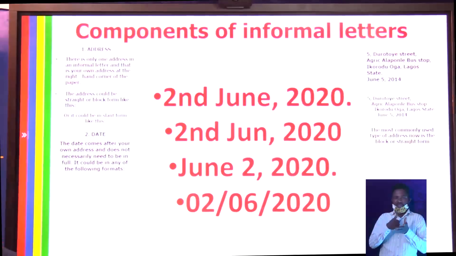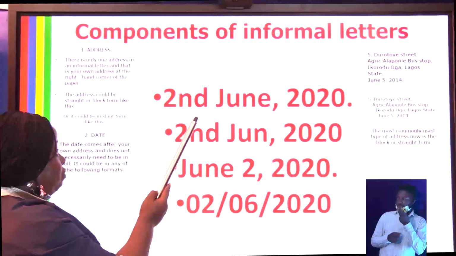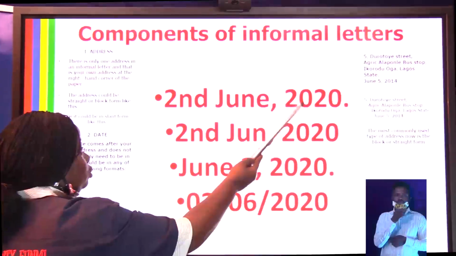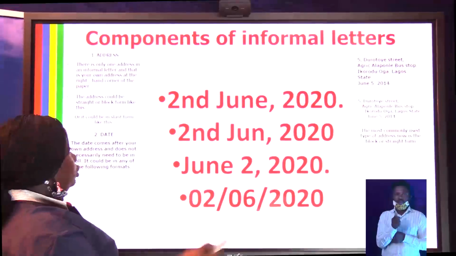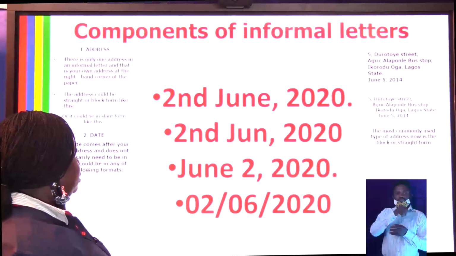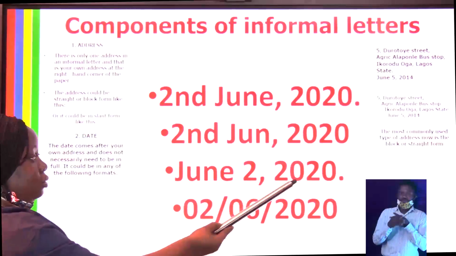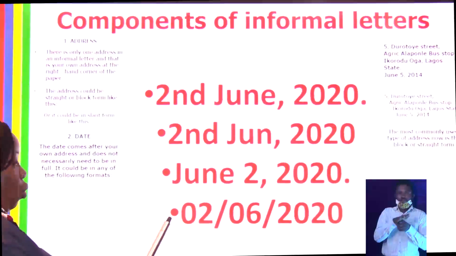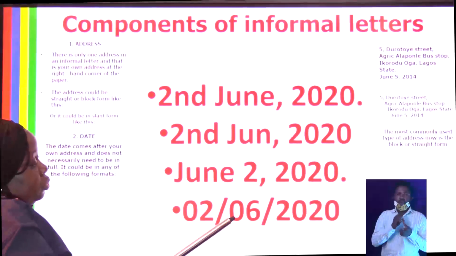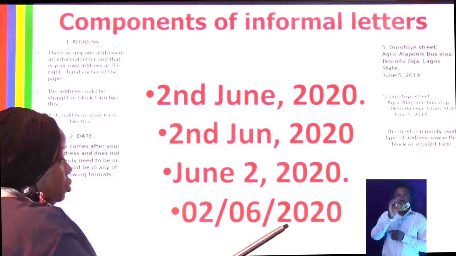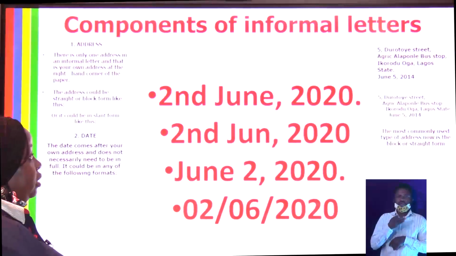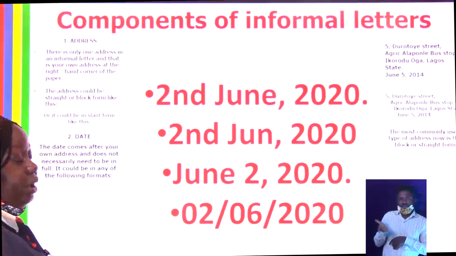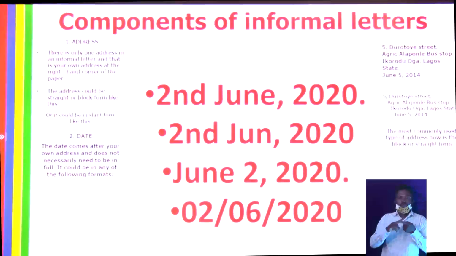Can you see? We have this 2nd June, 2020. Another one, 2nd June, without writing the June in full, 2020. June 2, 2020. Or 02/06/2020. You can use any of the dates here when writing your address.